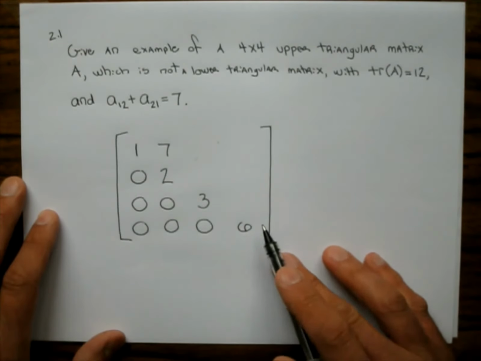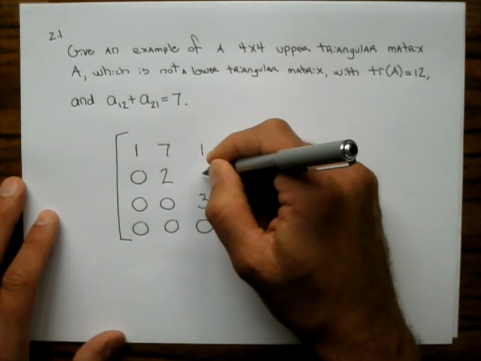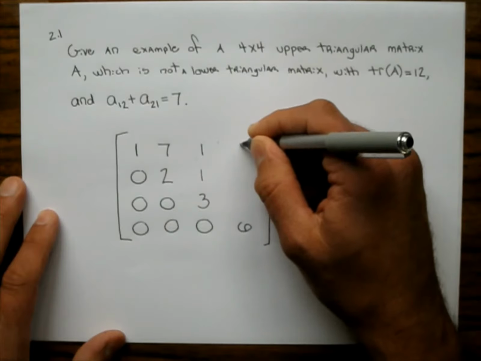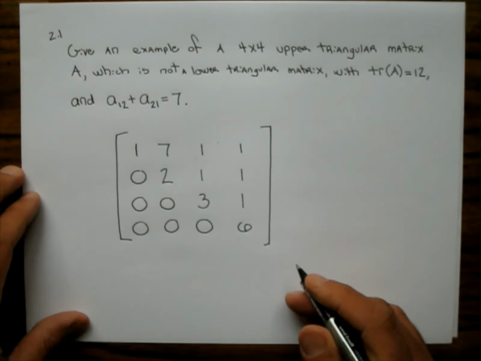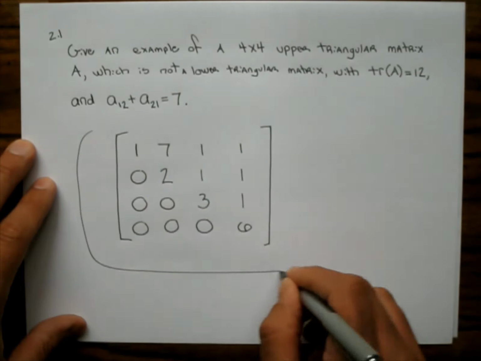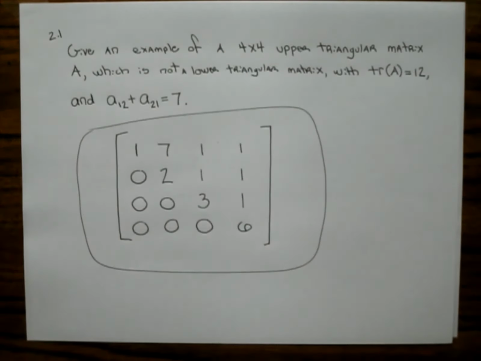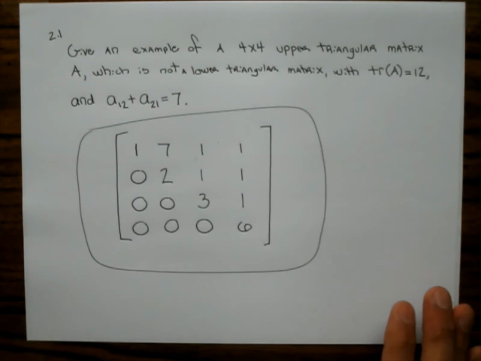You can make the rest zeros. I'll just make the rest 1s because it didn't stipulate anything on those elements. So we have the answer, and the answer is not unique. This gives us a little practice in 2.1.